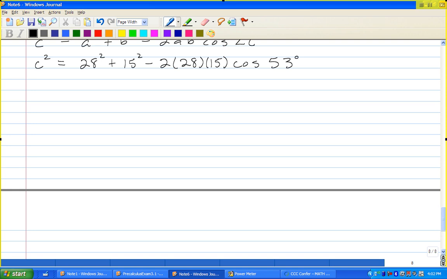So C squared is equal to 1009 minus 840 cosine 53 degrees.